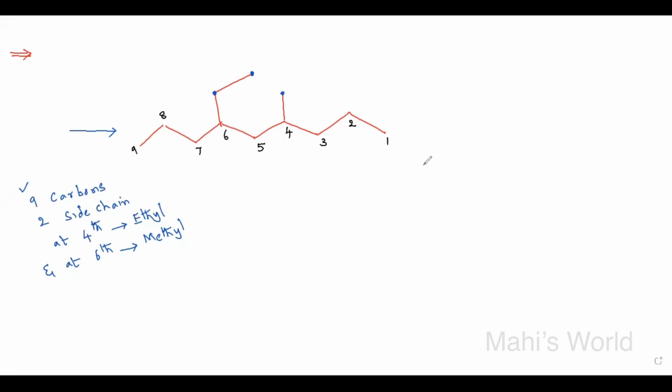In this case also, you got the same number of carbon atoms, 9 carbons, with the 2 side chains. Again at 4th and 6th only, but interestingly, at 4th you got methyl, and at 6th, you got ethyl.